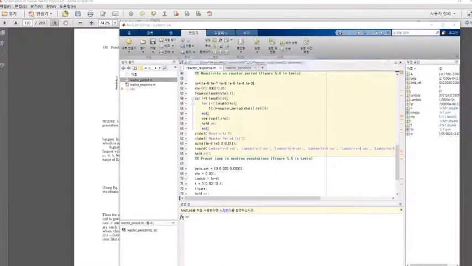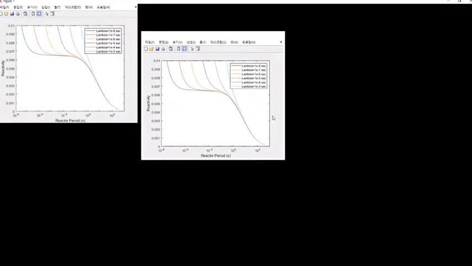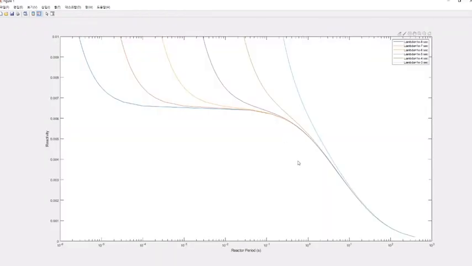Oh, here. So we now have this solution here. This is the result that was just calculated from the MATLAB program that I just showed you.